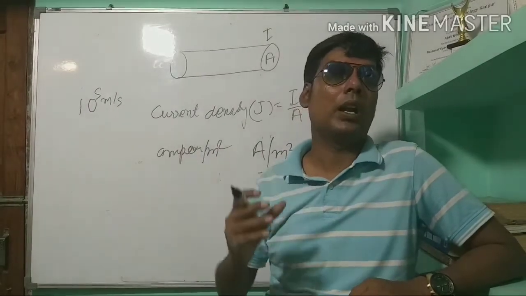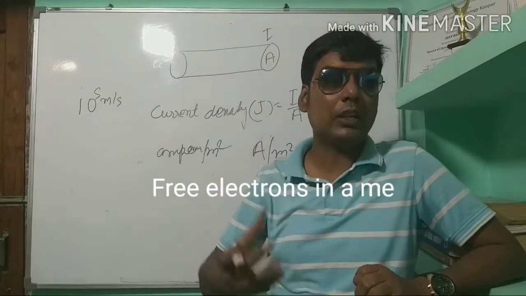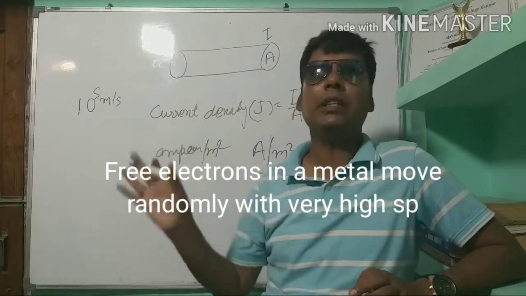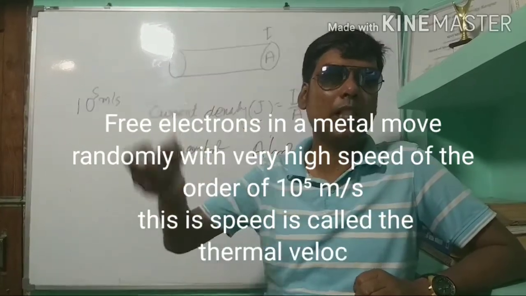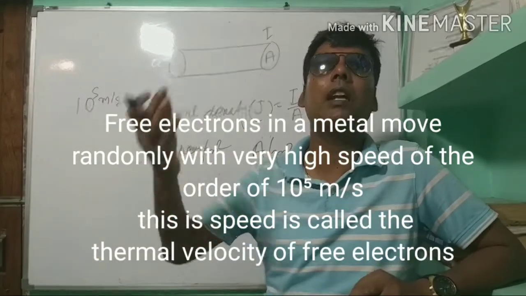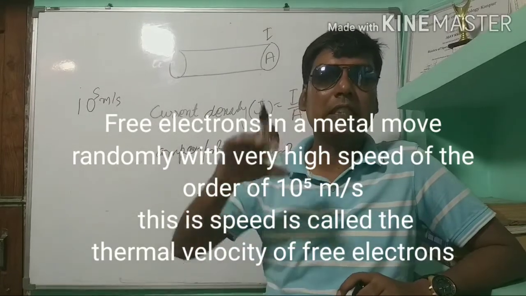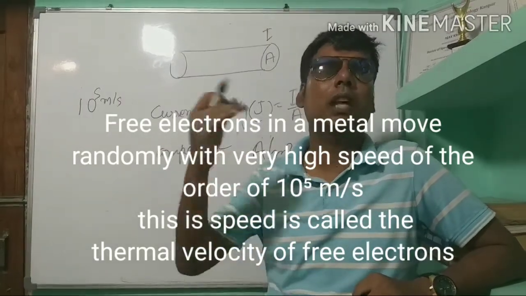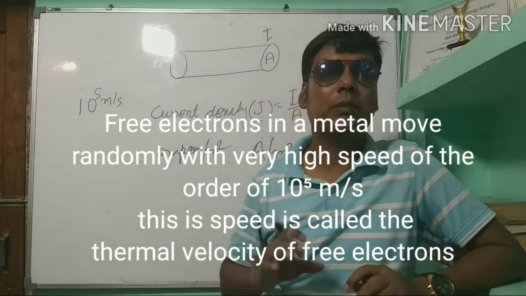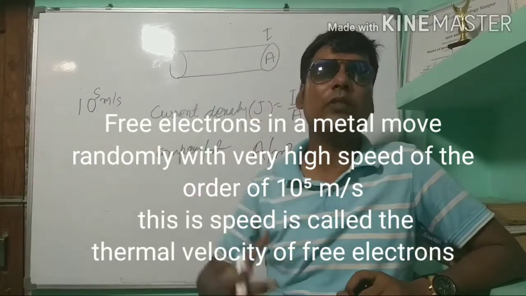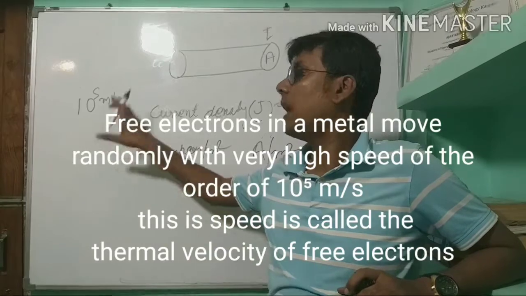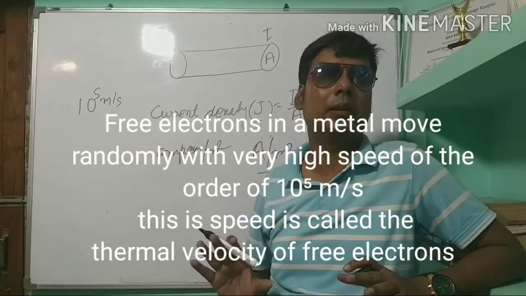The free electrons in a metal move randomly with a very high speed, almost 10 to the power 5 meter per second, because of the thermal effect, because of the heat.